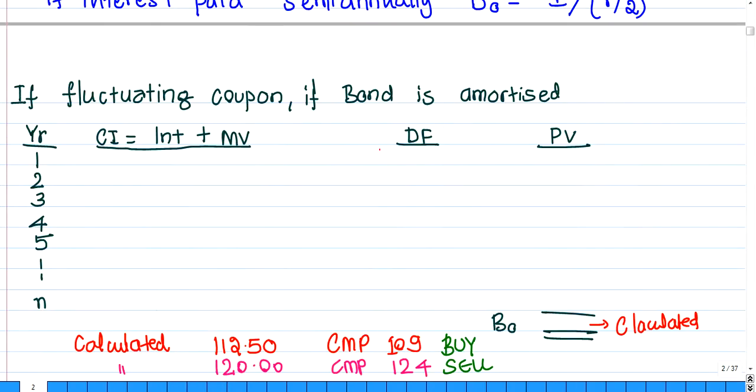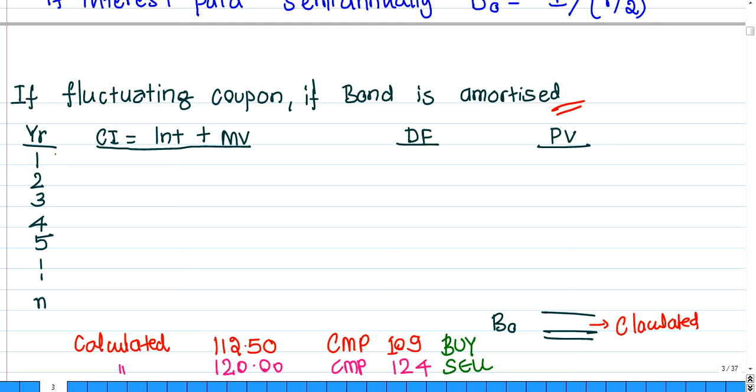If there is a fluctuating coupon, or the bond is amortized, meaning the rate is different each year, or the principal value is returned or redeemed annually, semi-annually, or period-wise in equal amounts each year, that is known as amortized. At that time you cannot apply the above formula.